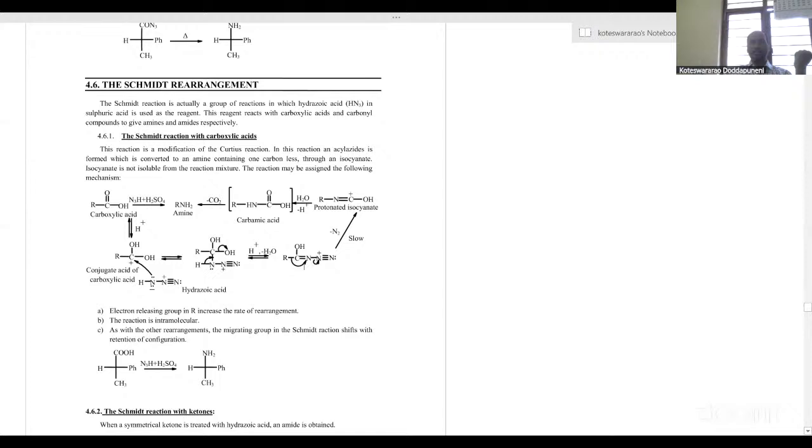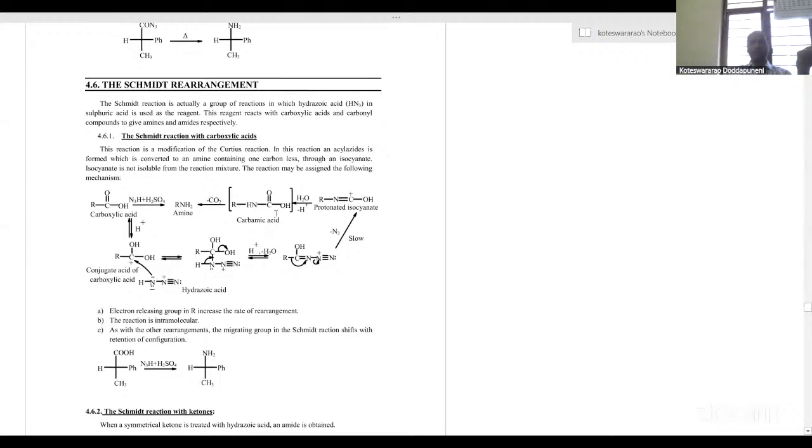In this reaction, an acyl azide is formed which is converted into an amine containing one carbon less through an isocyanate. Isocyanate is not a stable intermediate formed from the reaction mixture.